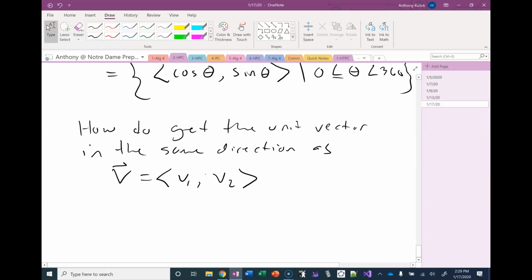So v is not a unit vector, but I want to be able to write down another unit vector in the same direction. What can I do to v to give me that unit vector in the same direction as v? I'm going to just denote this unit vector as the vector u. How do I find u? What's going to be the easiest way to figure out u?